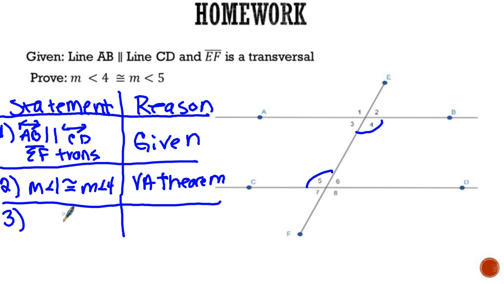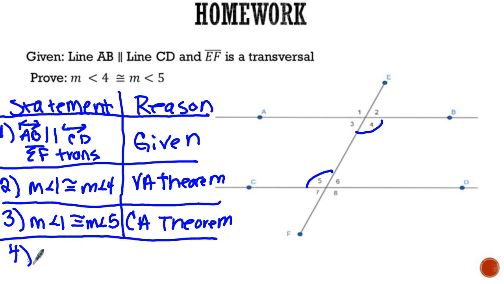Now I can go and say the measure of angle 1 is congruent to the measure of angle 5. And you notice I involve 1 in both. And that is called the corresponding angle theorem. And then the fourth one would be, since they both have 1 in common, then I can say these two angles are the same.